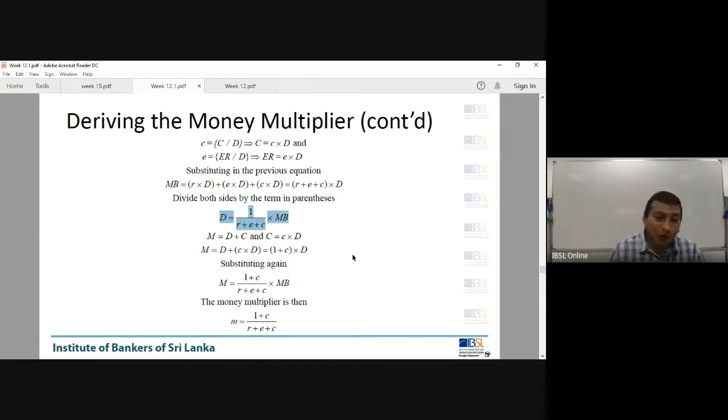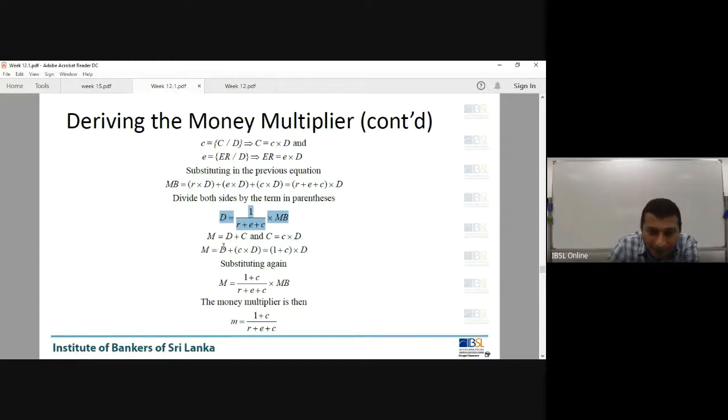Okay, so you already know M. We have defined in the previous slide the money supply as deposits plus currency, right? D plus C, and we already know C as small c, currency ratio times deposits.